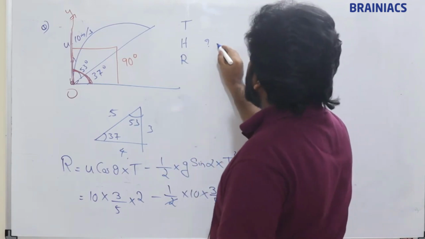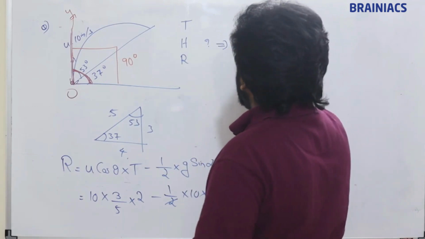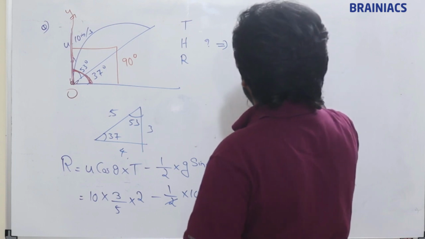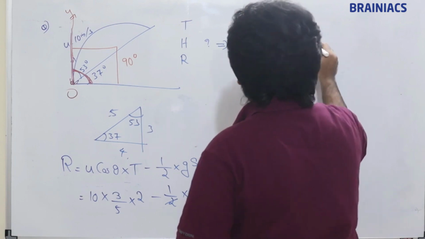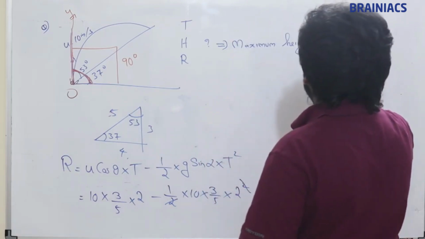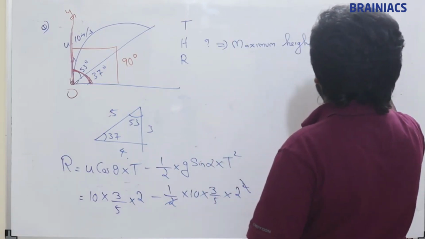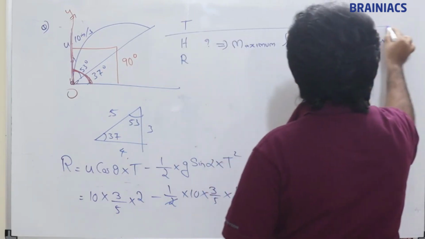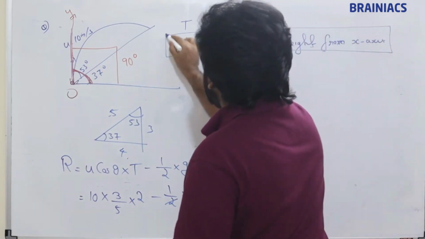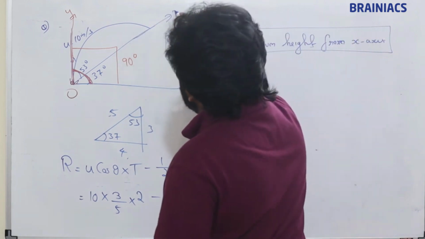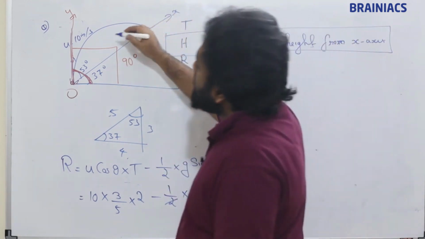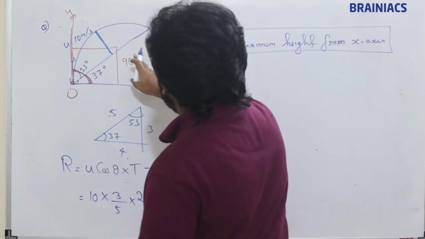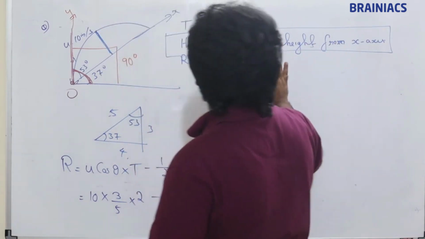This maximum height is actually from the x-axis, that is, we are considering this as the x-axis. So what is the maximum height for what? For this.